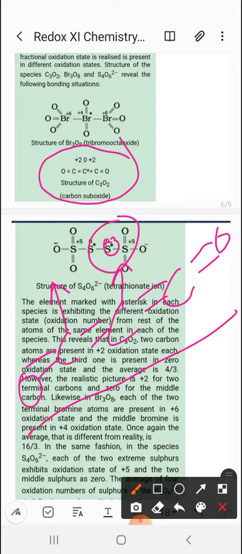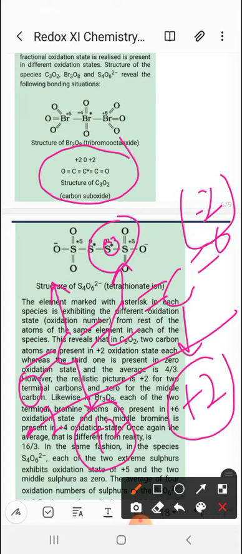Here it is bonded to oxide, -2, so this carbon will show the +2 oxidation state. Similarly, on the other side, oxide -2, so this carbon also shows +2. So +2 are the oxidation states of the terminal carbons in C3O2, and the middle carbon shows 0 oxidation state because it is forming bonds with itself only. There is no electronegativity difference, so no charge.